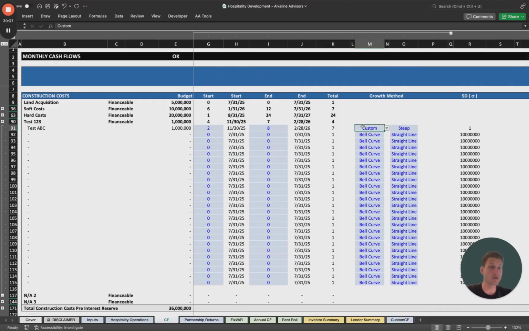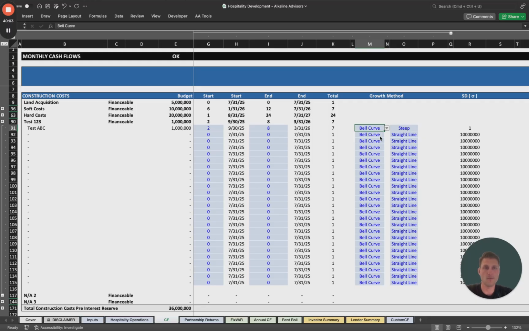So that just gives us a little more flexibility as to how and when we are drawing down on our construction schedule. And the reason why this is important is because when we need to pay any costs for construction, that's going to dictate when we are first drawing equity and then when we will be drawing debt. And once we're drawing debt, we are calculating the interest on the debt outstanding. So it all ties together.